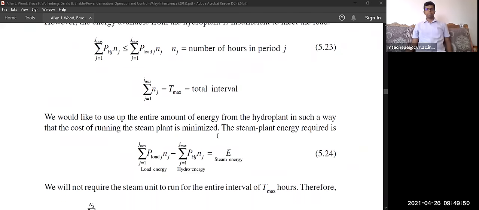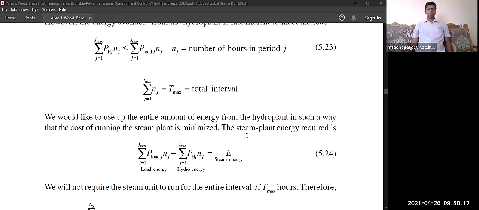If you are spending, say for example, for 24 hours for generating 100 megawatt or 500 megawatt, we are going to spend 1 crore rupees, using coal resources alone.